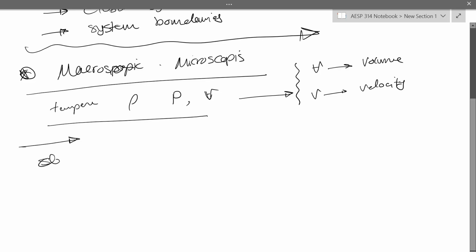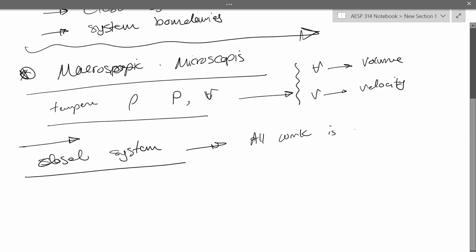So a question for the class. Who can tell me what is the definition of a closed system? We said all work is done within the system. Is this a strong enough definition? Do you have anyone else who wants to add anything to this?